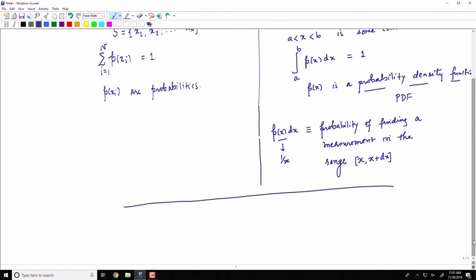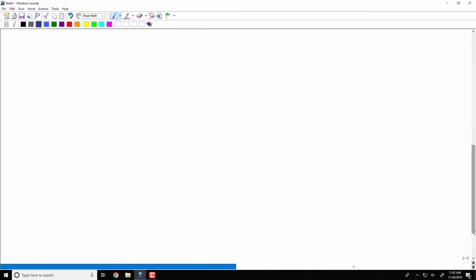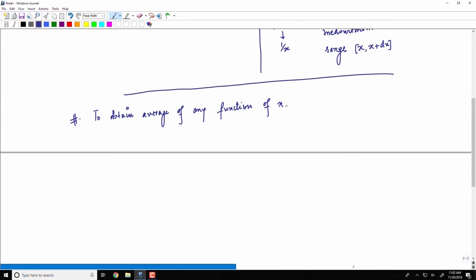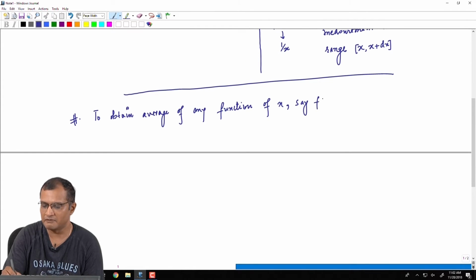Okay. Now, we can use this to obtain the average of any function of x. For example, if you are interested in the average of x square or average of x cube or average of any function of x, okay, let us say f of x.